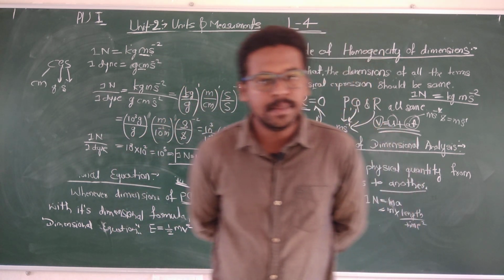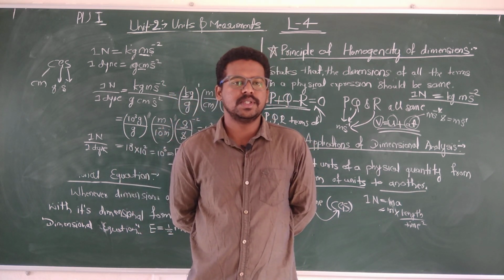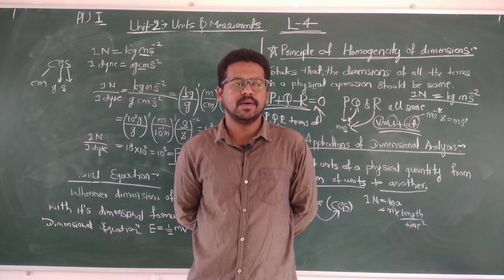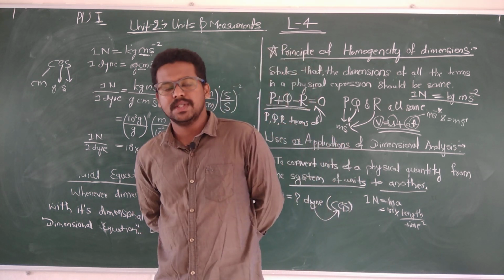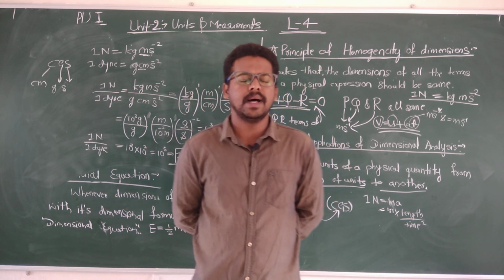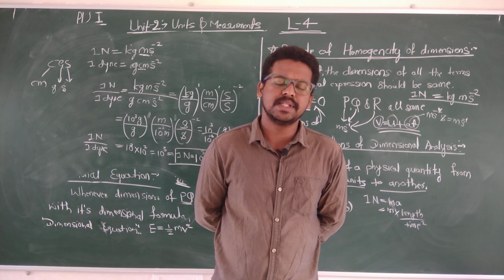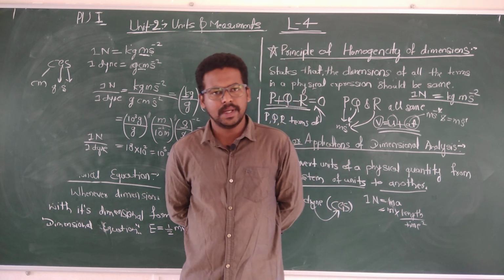Similarly, we can convert joule and calorie, and all those things from one system of units to another, and length also, and mass also. Time is similar in all the systems of units, so no need to worry about time.